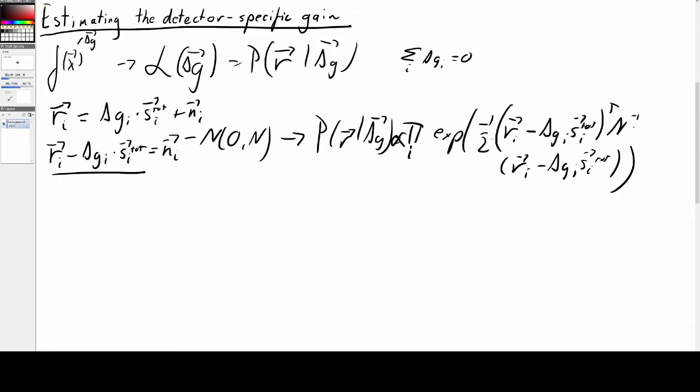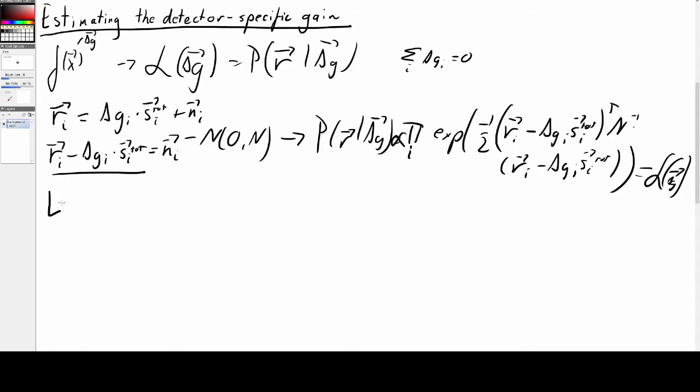So this is our likelihood function, L of delta G, and this is what we want to minimize, but we are free to minimize the log of this because they have the same mode. So the point that minimizes this function will be the same point that minimizes the log.